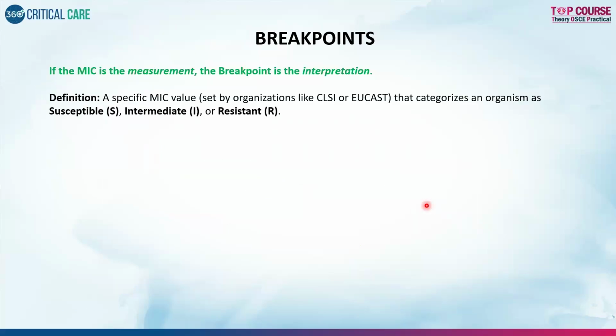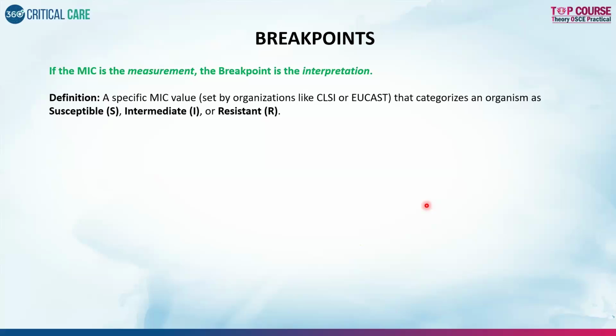The breakpoint is the one which will tell you whether that particular concentration falls under the sensitive range, intermediate range, or the resistant range. This is not different from place to place, like one value for India and a different one for Germany.